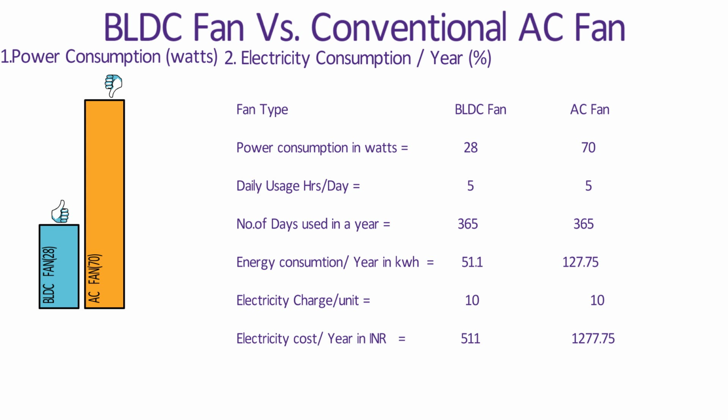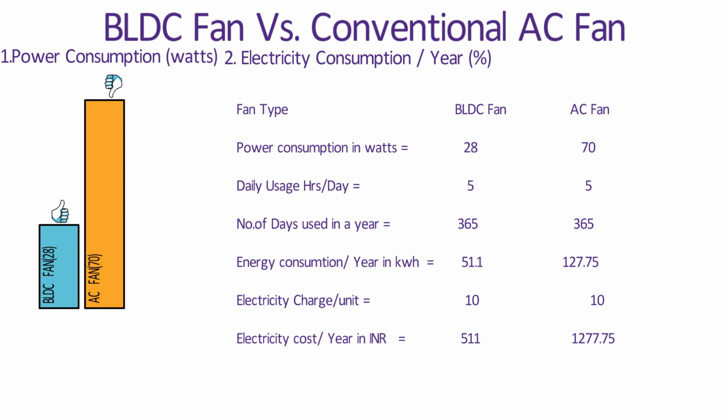So the next thing is energy consumption per year in kilowatt hour. If your fan runs 5 hours per day and the number of days is 365, then the resultant energy consumption of BLDC fan is 51.1 kilowatt hour. On the opposite side, AC fan consumes 127.75 kilowatt hour per year.